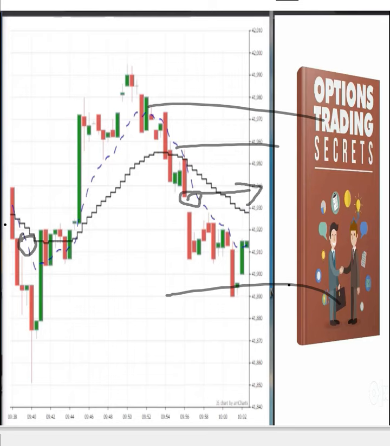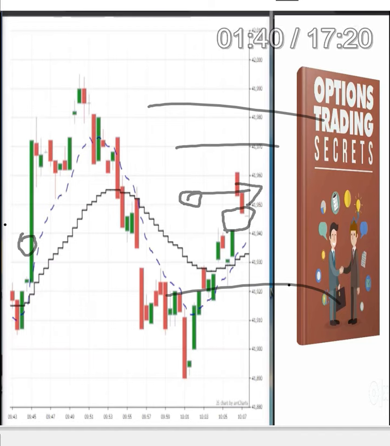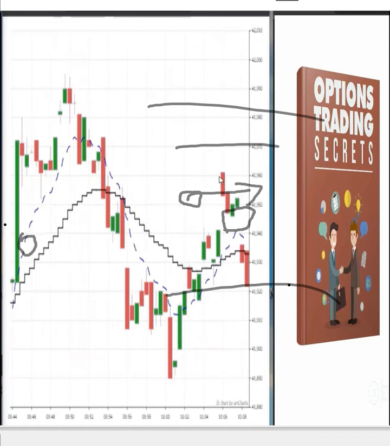Now I am moving the video. What I'm getting here, can you see? This is a bullish candle. Now the market has to go up. Our T1 is achieved, easily achieved.